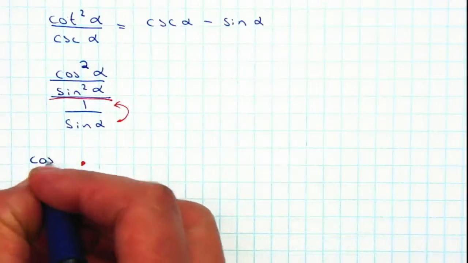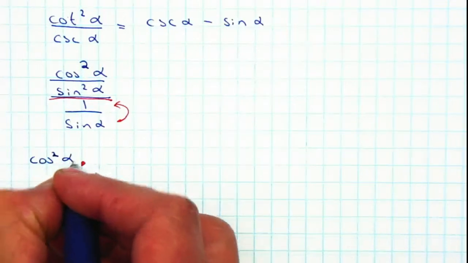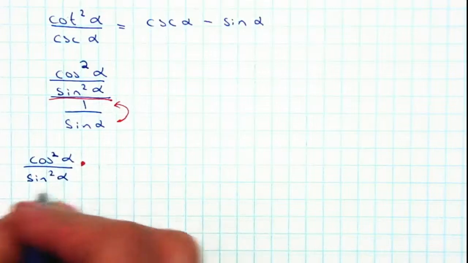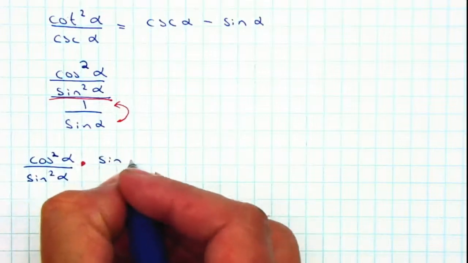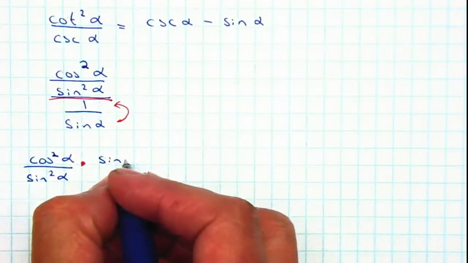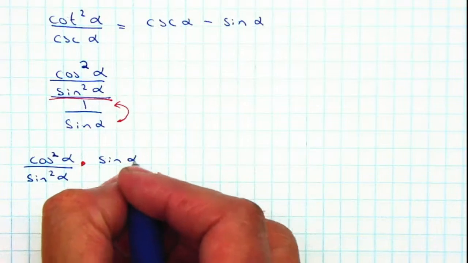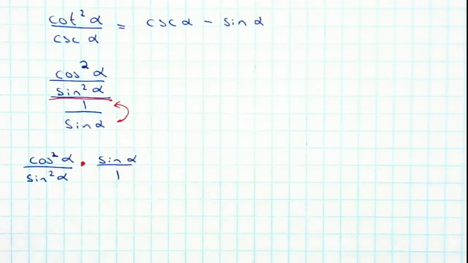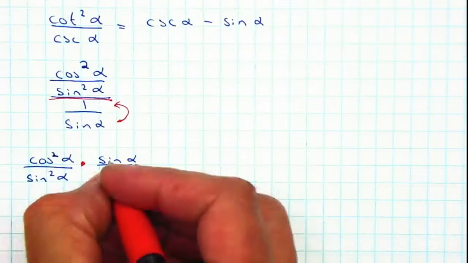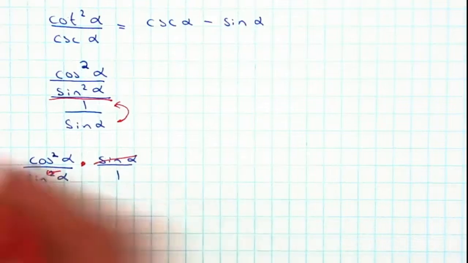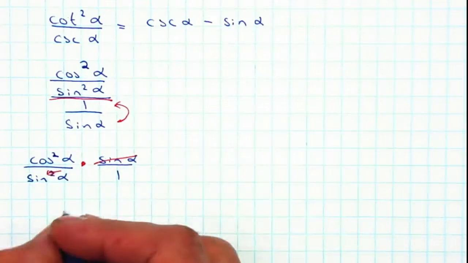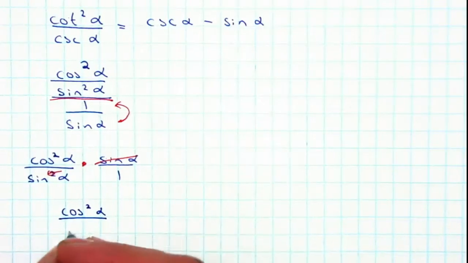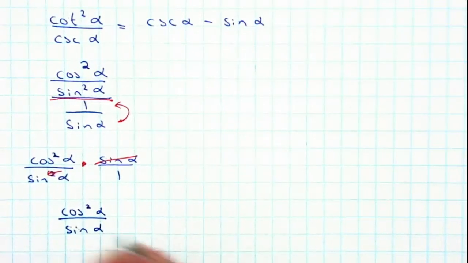We have cosine square of alpha over sine square of alpha multiplied by sine over 1. In this case, one of the sines will cancel out, and I will just have cosine square of alpha over sine of alpha.